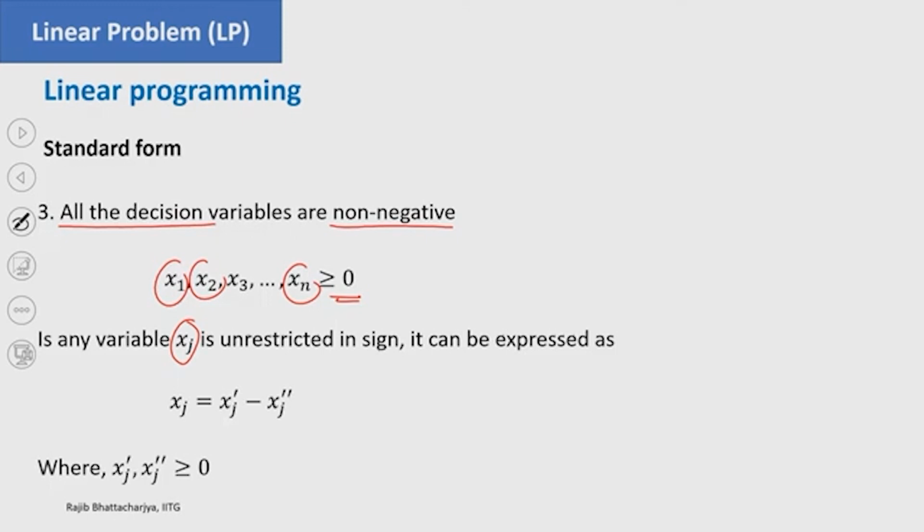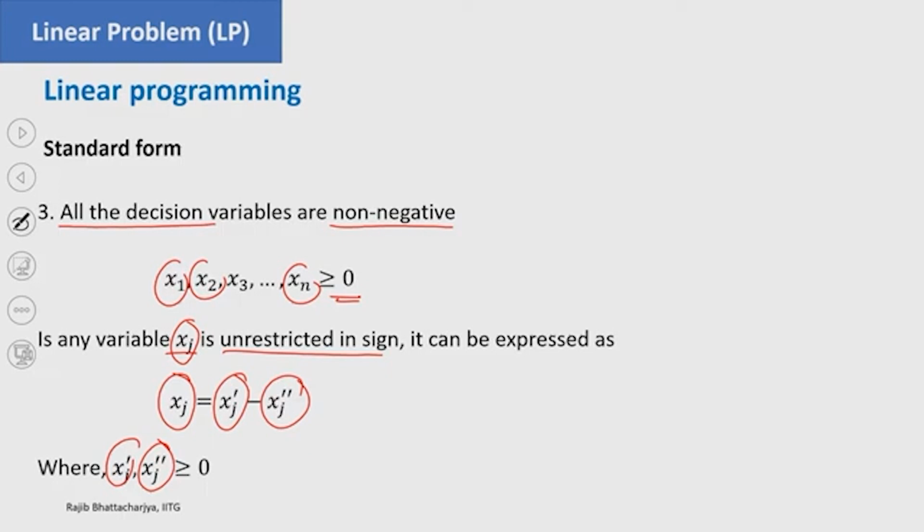In that case, I can write x j equal to x j dash minus x j double dash, where x j dash and x j double dash are positive. These two are positive, but x j can be negative depending upon the values of x j dash and x j double dash.